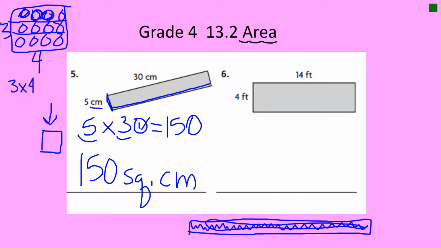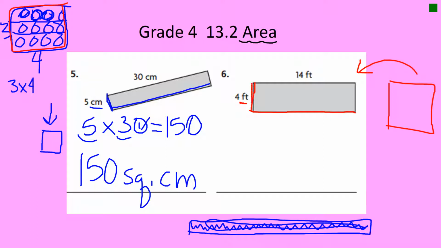This rectangle is 4 feet wide and 14 feet long. So if you just think about an array again, you think of this as feet. Each square that's in this rectangle is 1 foot on each side.